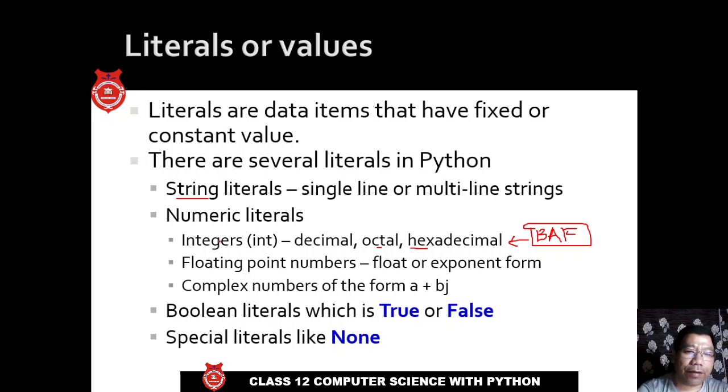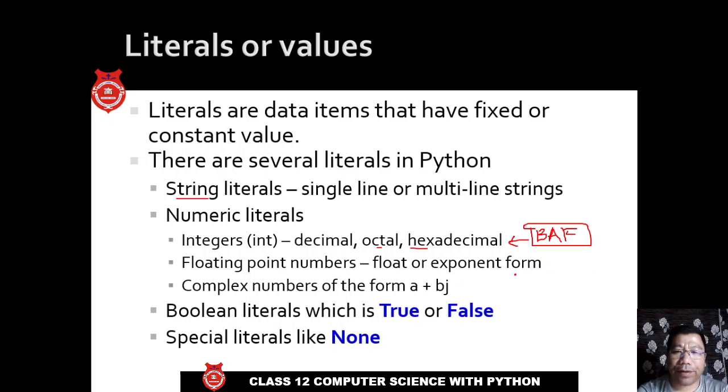And we also have floating point numbers. Floating point numbers are those having decimal points. For example, I can have 2.33. I can also express that decimal number in exponential form.